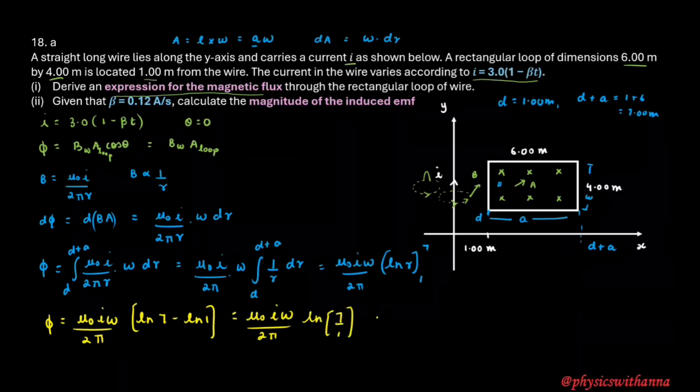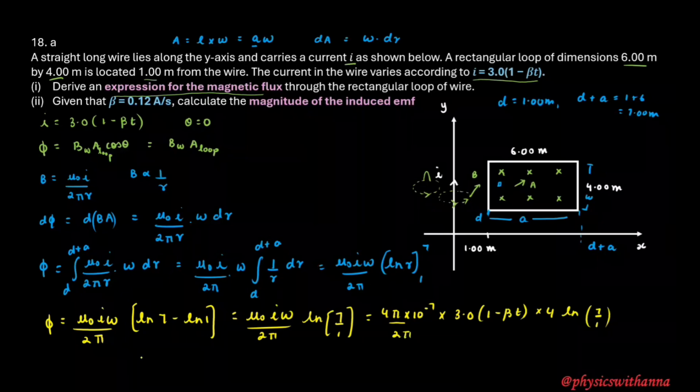Now substitute the values of mu naught, I and W. Mu naught is 4 pi times 10 to the power negative 7. I is 3 times 1 minus beta t. W is 4, ln 7 over 1, over 2 pi.